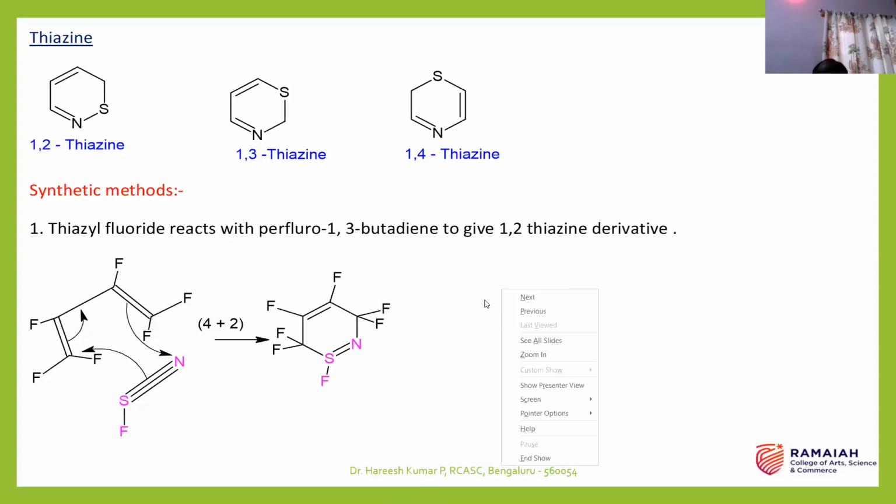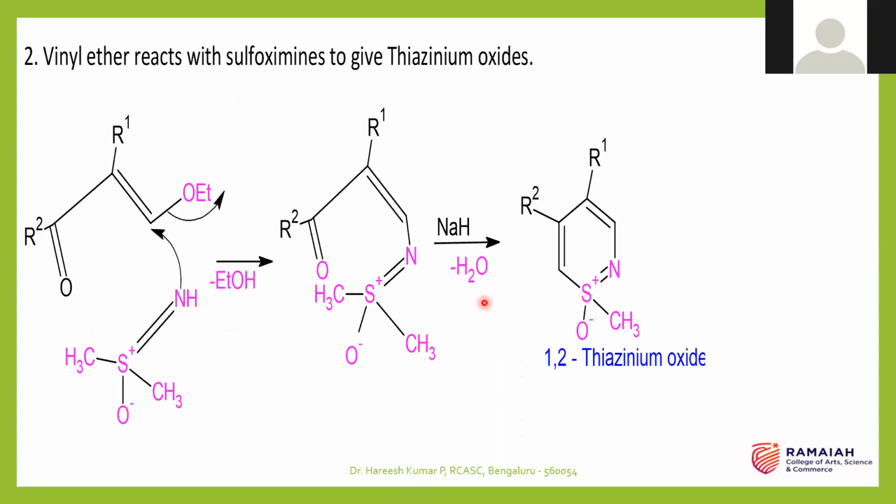Here you know that this is called a vinyl group, and this is an alkyl group. When the vinyl alkyl compound is treated with sulfoxamine, there will be a nucleophilic substitution reaction.